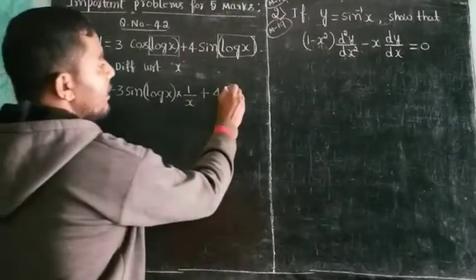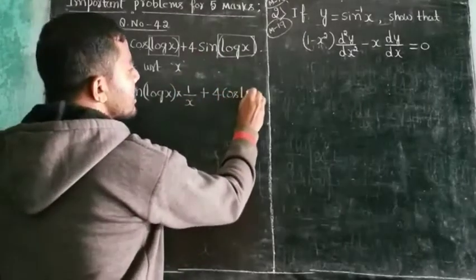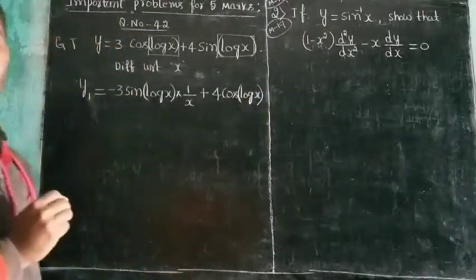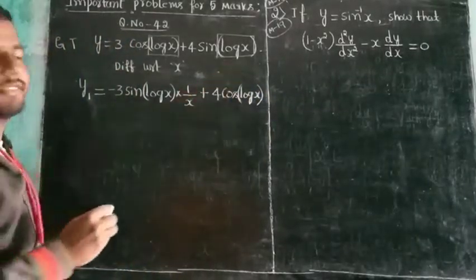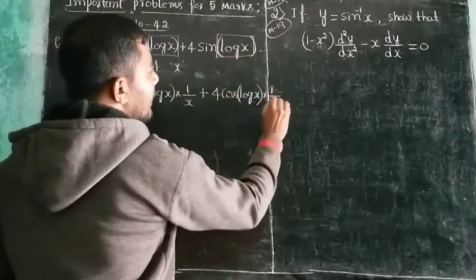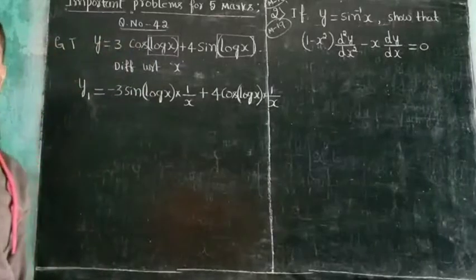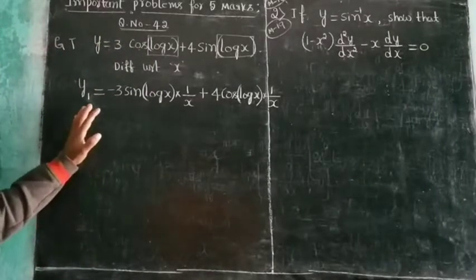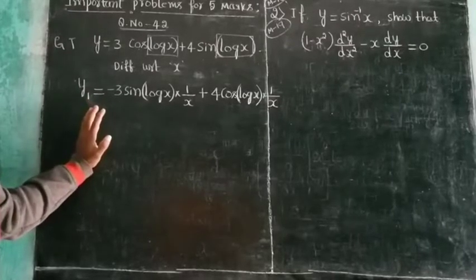The derivative of sin dabba is cos dabba. Dabba is nothing but cos log x, into the derivative of dabba. In the place of dabba we have log x. The derivative of log x is 1 divided by x. This is the first step, and you get 1 mark for this step.